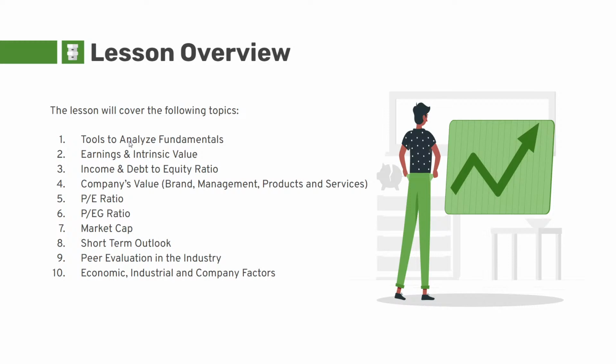So we're going to look at some tools to analyze fundamentals, earnings and intrinsic value, income and debt to equity ratio, company's value, PE and PEG ratios, market cap, short-term outlook, peer evaluation in the industry, and economic, industrial, and company factors.